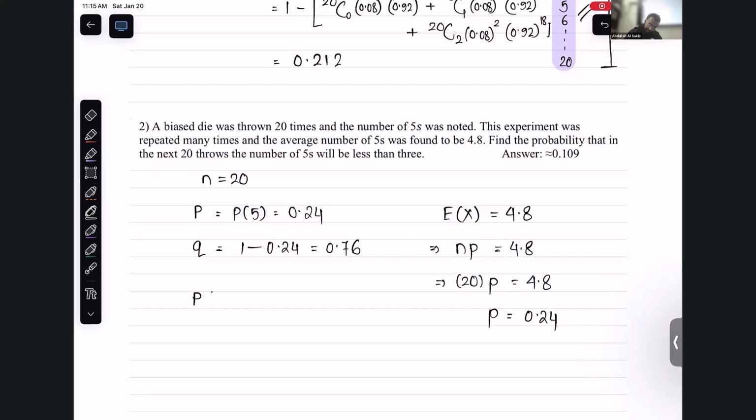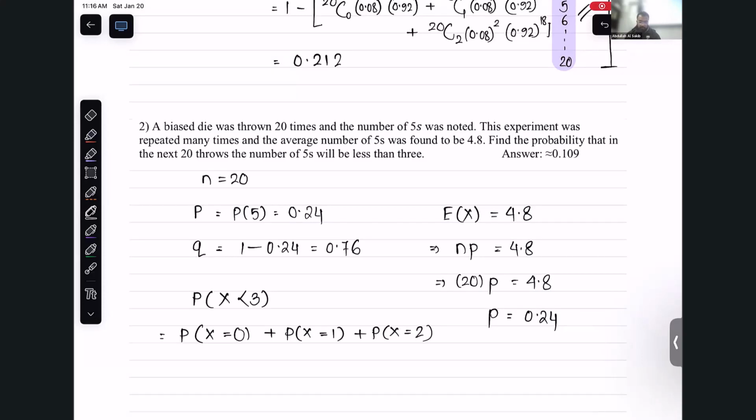That means X is less than 3. That means, doing the same calculation, either X will be 0, or X will be 1, or X will be 2. Clear? These are the cases. And now I think this is the same calculation as we have done before. Same type of calculation, just changing the values.